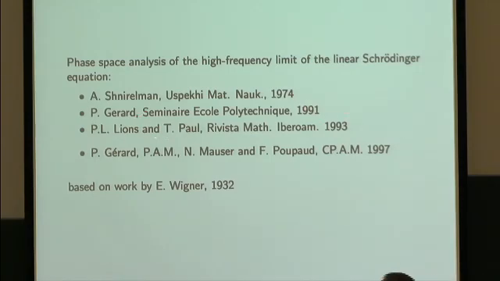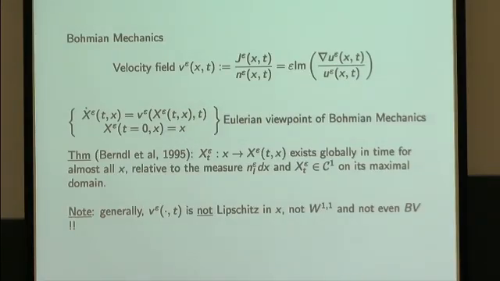There's an important paper by Pierre-Louis Lions and Thierry Paul in the year 93, and then there's our paper, which appeared in the year 97. And all this is, of course, based on work by Eugene Wigner of the year 1932. Okay, Bohmian mechanics.